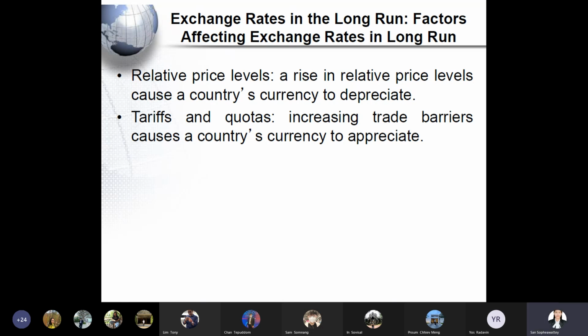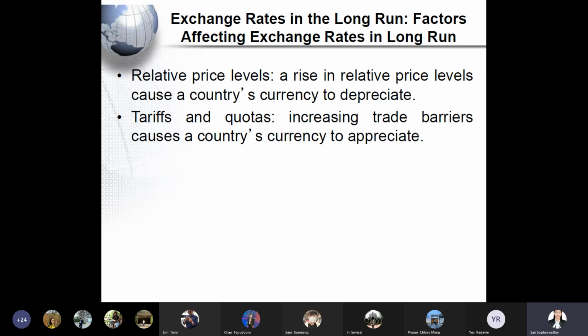And by contrast, for example, if the price of a Japanese car increases, it means the relative price of the American car decreases. So the demand for American cars will increase as well. And the dollar tends to appreciate because the American car will continue to sell well even with the higher value of the domestic currency.